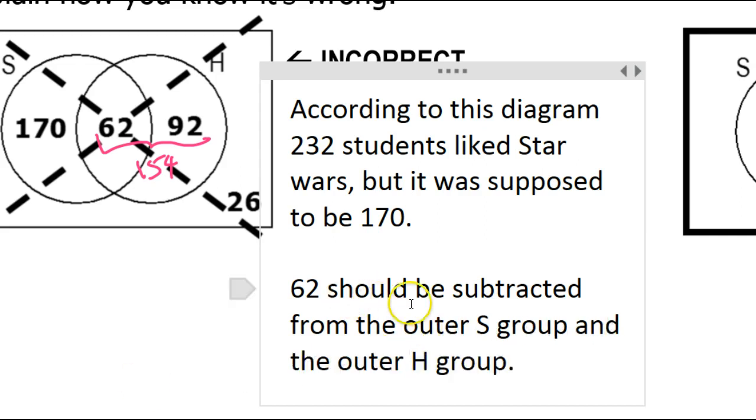Just to make it more clear, I said subtracted from the outer S group and the outer H group.